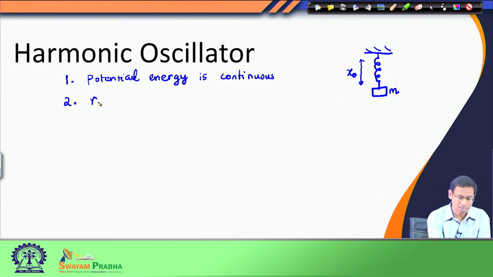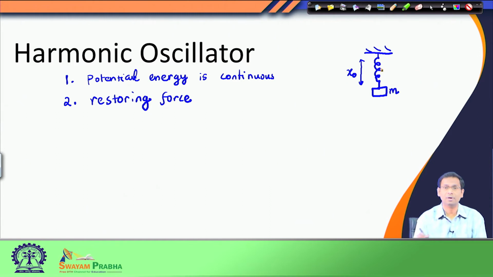So, the second point that we should keep in mind is that we are dealing with a system where there exists a restoring force, and if you follow this discussion that we had, this restoring force is opposite to the direction of the displacement. So, therefore, I can write this equation, F = -kx, where this minus sign is multiplied by x, which is the dimension along which I am stretching or shrinking the spring.